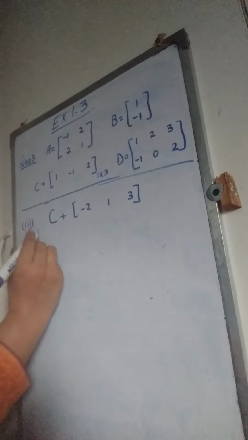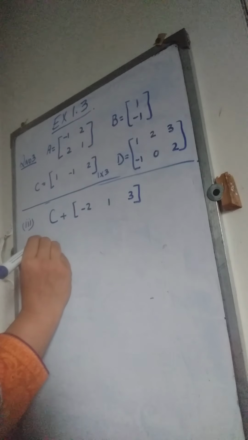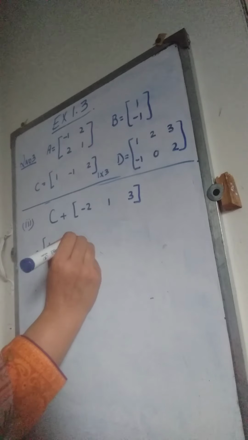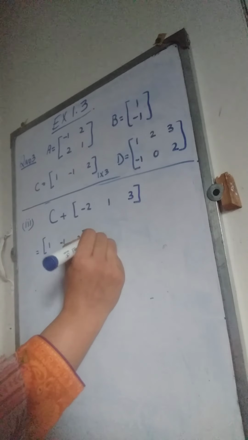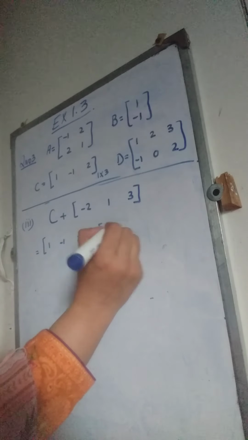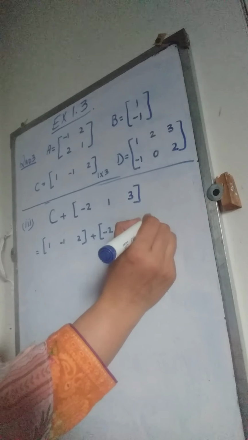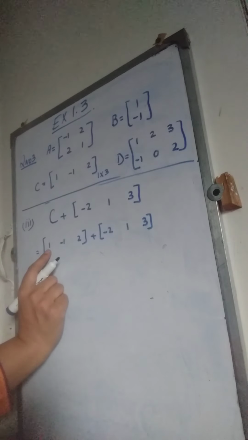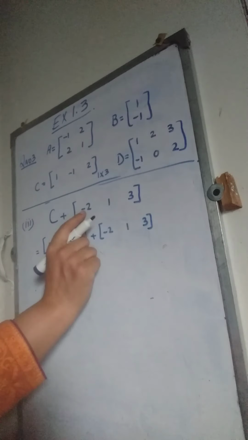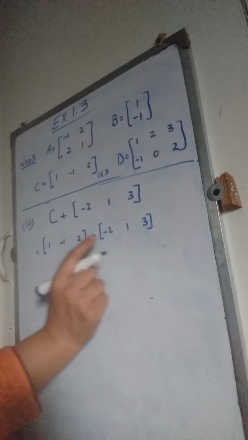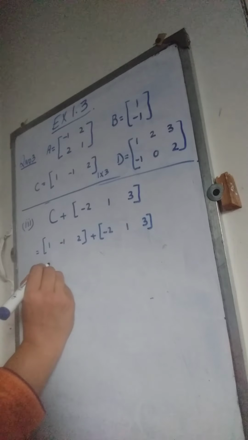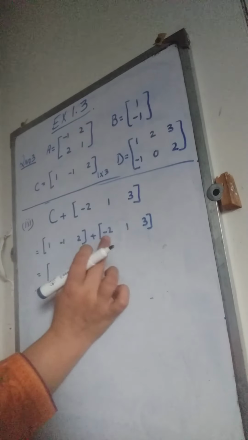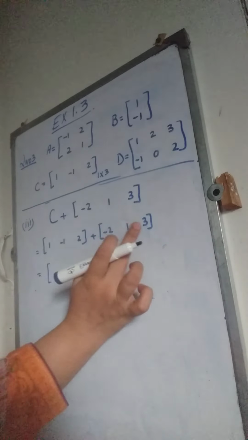So we put the value of C, 1, -1, 2, plus -2, 1 and 3. How do we add them? The first element of this matrix is 1 and the first element of the next matrix is -2, so we add these two numbers. First element, second element, third. First will be added to first, second to second and third to third.